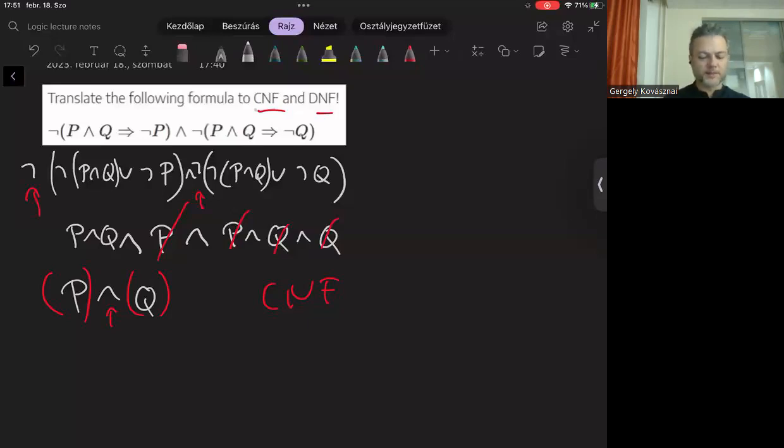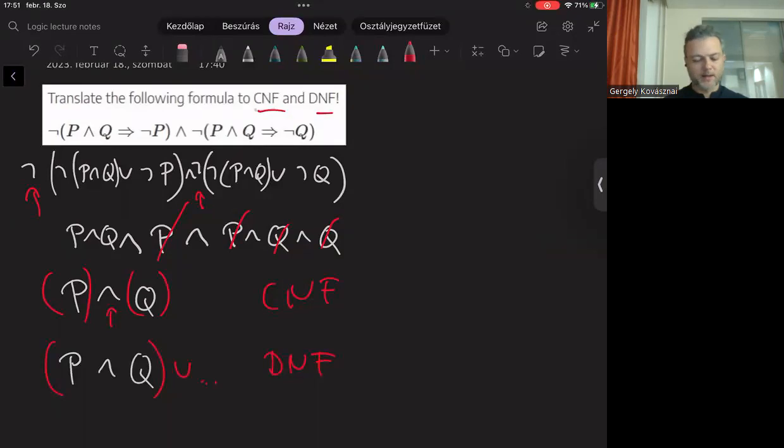This is easy to see. On the other hand, this is also a DNF. Why is that? Because we can consider P and Q as one single cube, which is now connected with nothing.